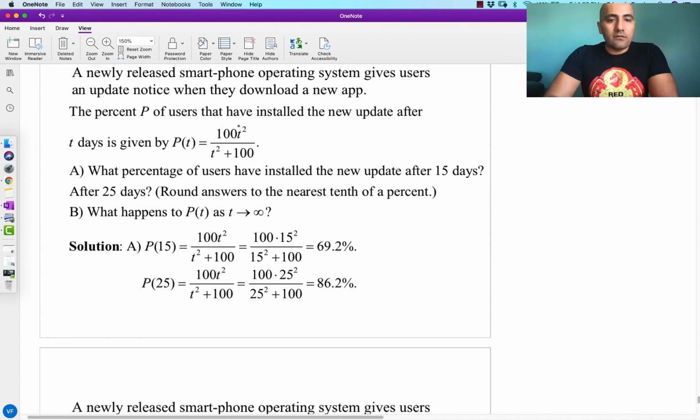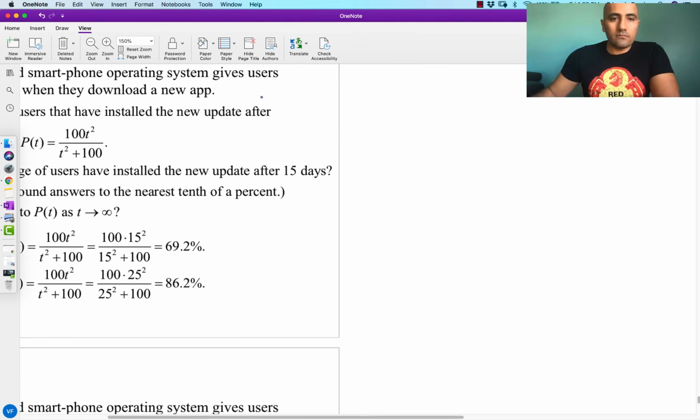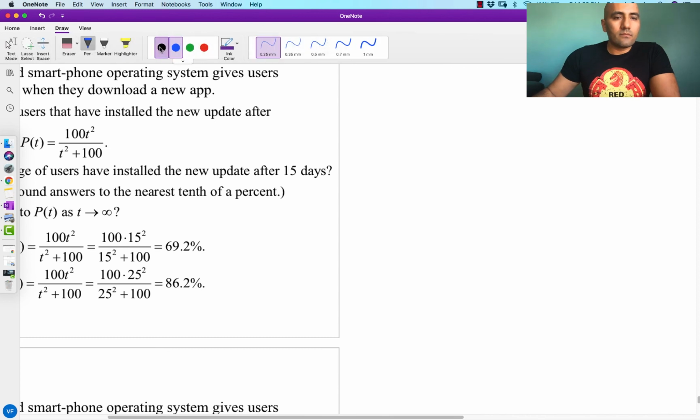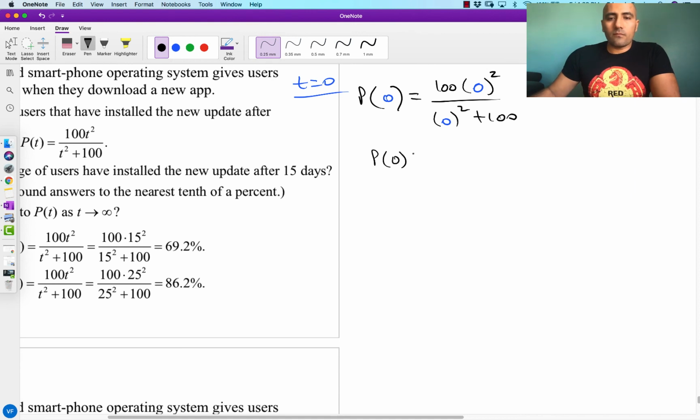Okay, 1 day later, we'll have 1 squared times 100. Let me write some of those down. So P of 0 is going to be 100 times 0 squared all over T squared plus 100. When T equals 0, we'll get P of 0 equals 0 over 100, which is equal to 0.